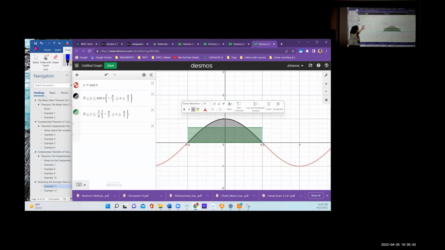And then I found the height 2 over pi, and I shaded the region between negative pi over 2 and pi over 2 up to a height of 2 over pi in green. So what does this mean? The area in green is exactly equal to the area in the dark gray. So the average value gives the height of the rectangle that has the same area under it as the original curve.